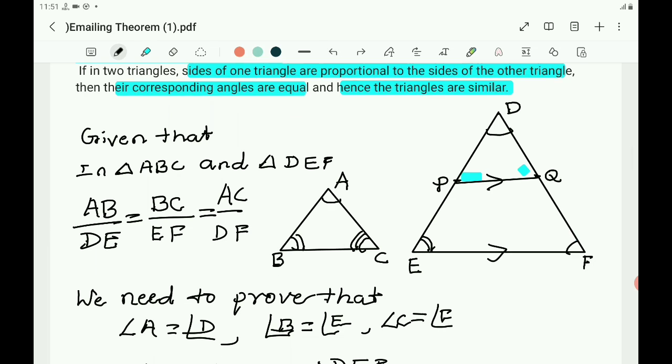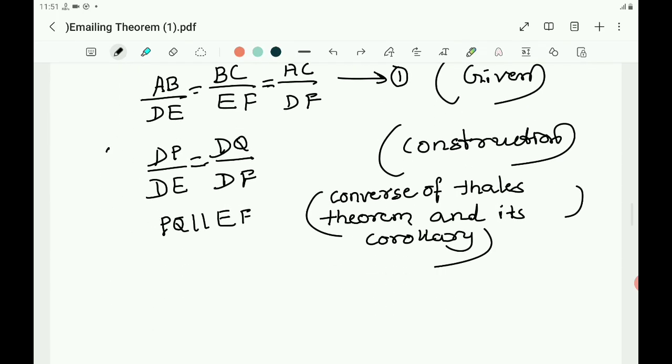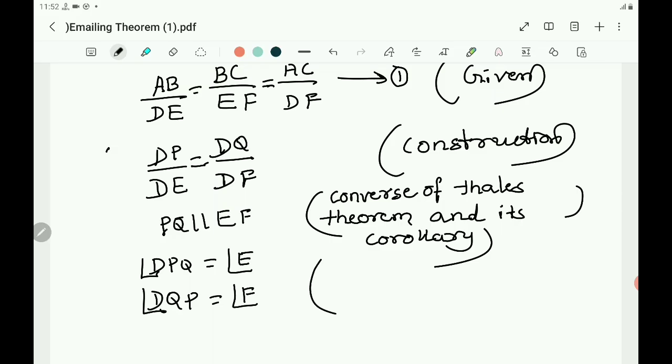So, you write angle DPQ equals angle E and angle DQP equals angle F. So, these are the corresponding angles made by the transversal of parallel lines.